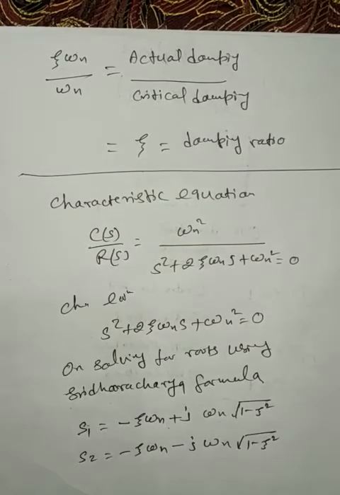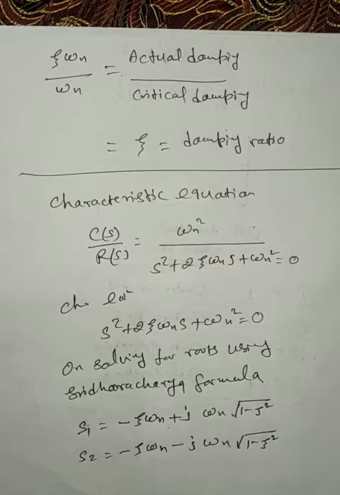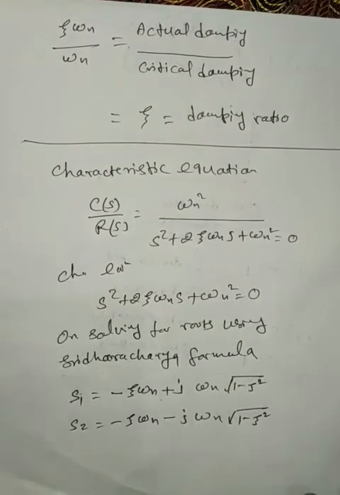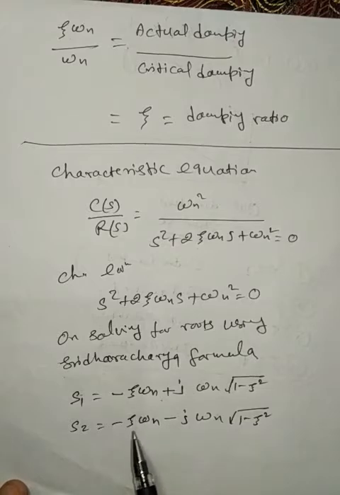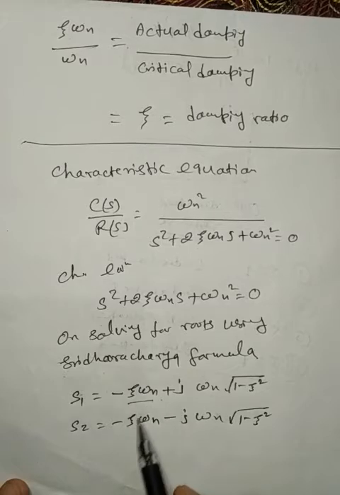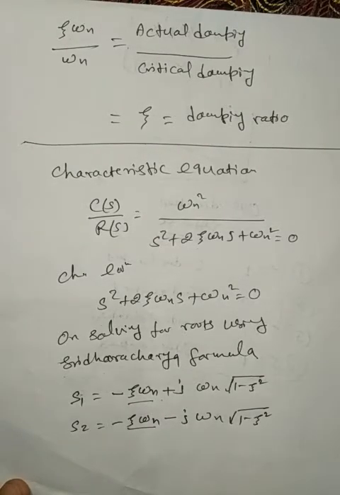So I have two roots for the second order characteristic equation, and the real part of the roots is the actual damping zeta omega n.